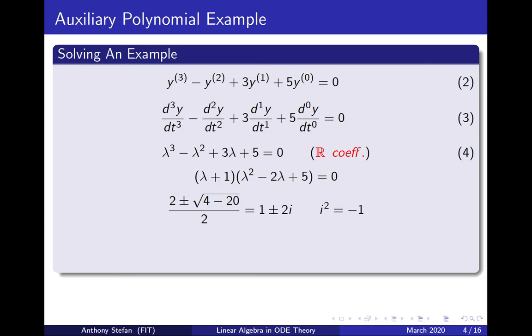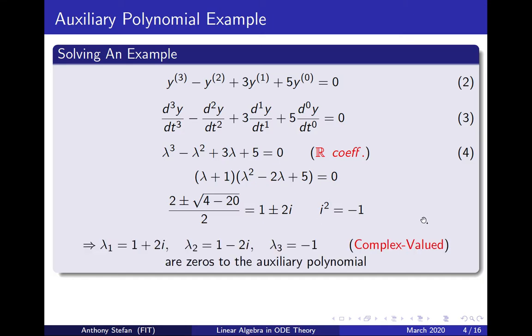This negative 16 is the reason why our answer, our zero, becomes a complex number. We have 1 plus or minus 2i, where i squared is equal to negative 1. Interesting that our zeros, lambda 1, lambda 2, and lambda 3, are complex valued, although we have a real function. So those are the zeros.